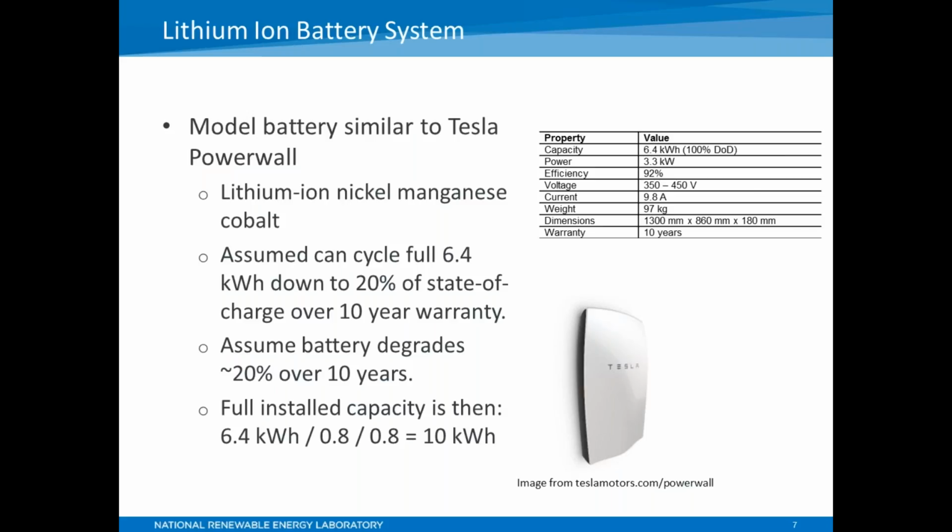Basically, we're going to assume that we can cycle it 80% of its full capacity, and then we also want to oversize it a little bit with the assumption that it's going to degrade over time. And so we're going to assume that each battery unit that we install is roughly 10 kilowatt hours and has a nominal voltage of about 350 volts.